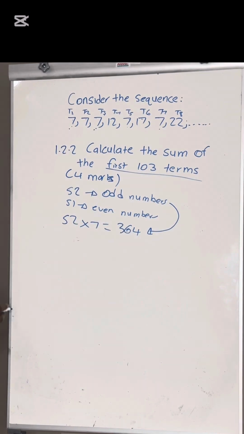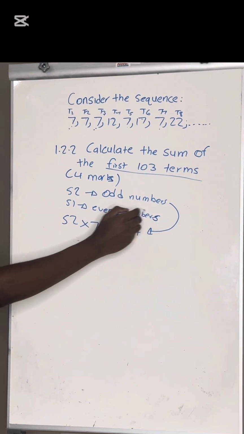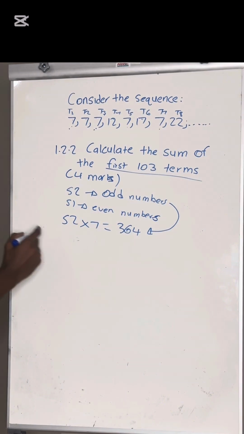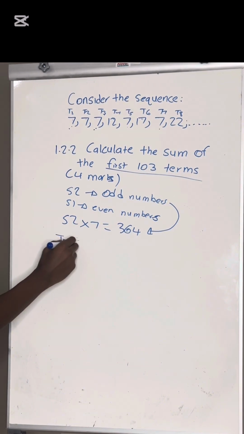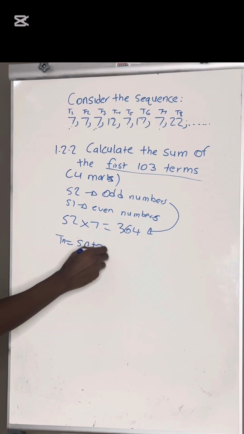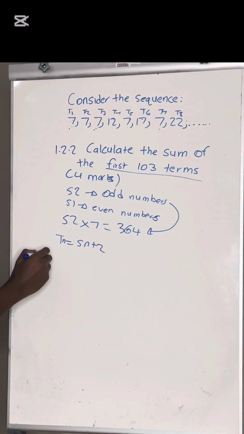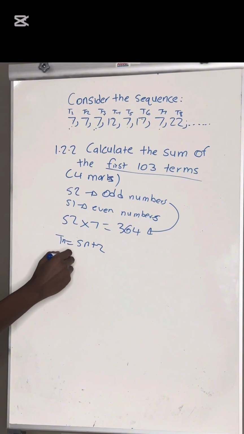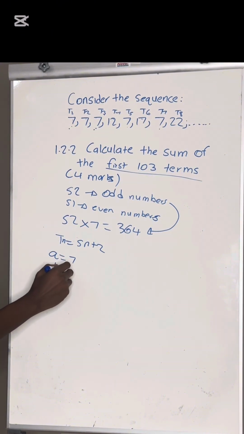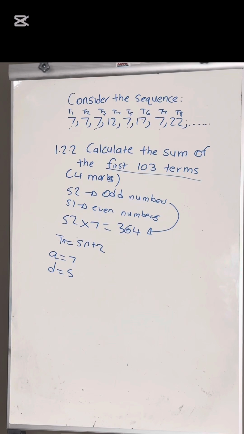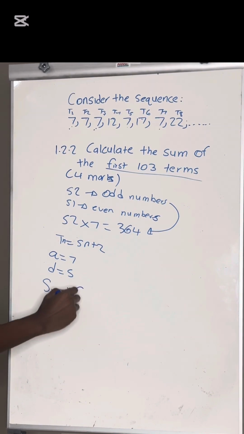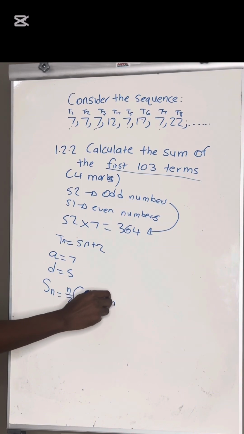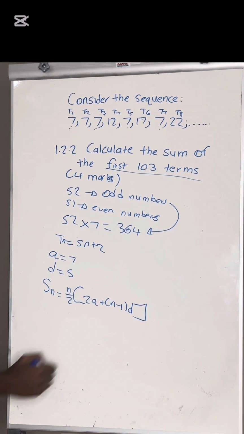Now we have to look for the sum of the 51 even numbers. Remember from the previous question we got the general term Tn is equal to 5n plus 2. We said that a was 7 and our common difference was 5. So we are now looking for the sum of the even numbers. We're going to use the formula Sn is equal to n over 2 into 2a plus (n minus 1) times d.